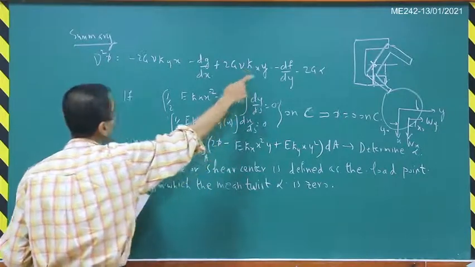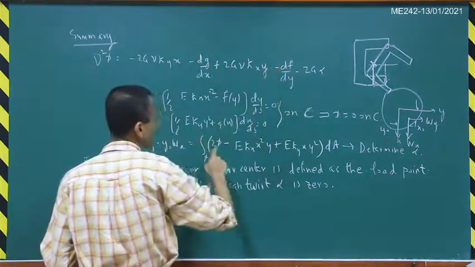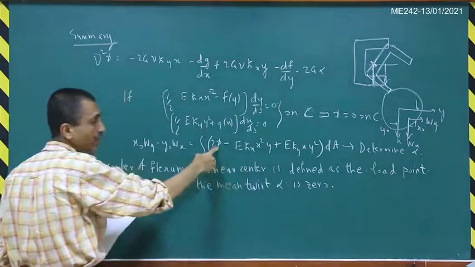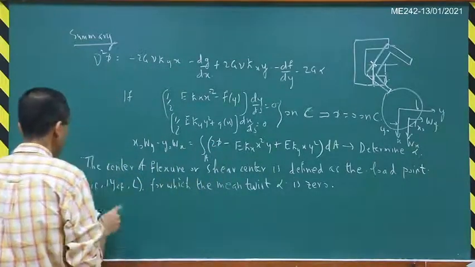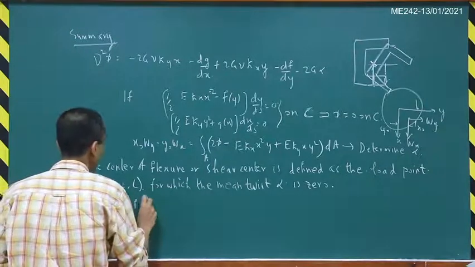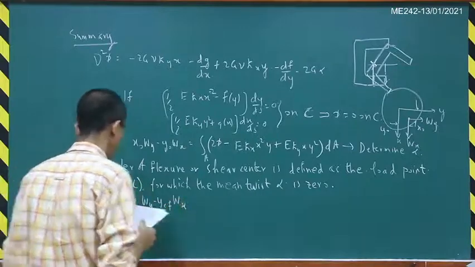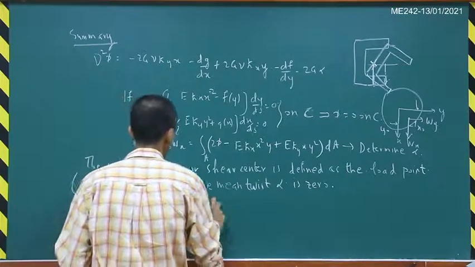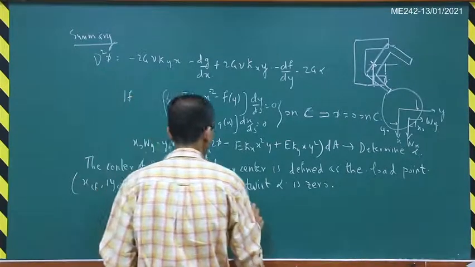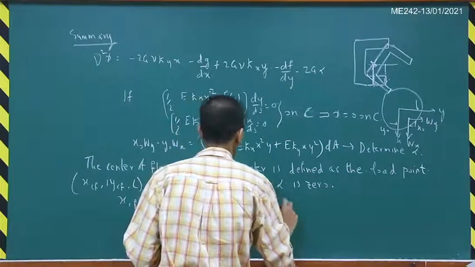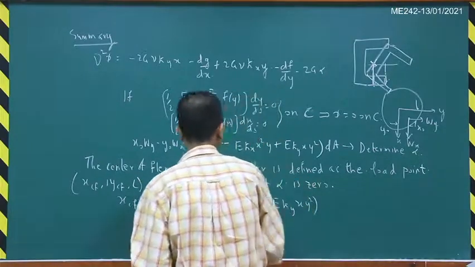So basically set alpha equal to 0, then find phi from this particular equation, then substitute that phi into this particular equation, and that will give you the shear center. So we will write this as xcf times wy minus ycf times wx is equal to the integral of 2 phi minus e kappa x times x square y plus e kappa y times x y square, times dA.